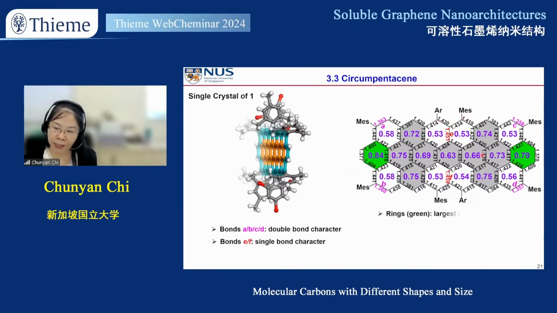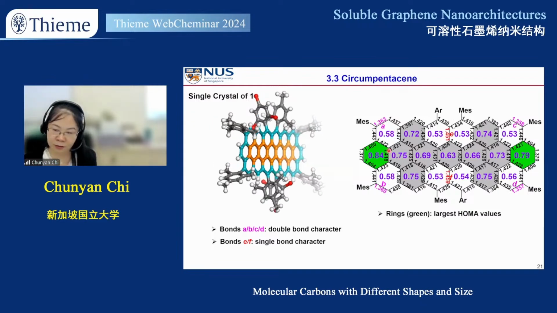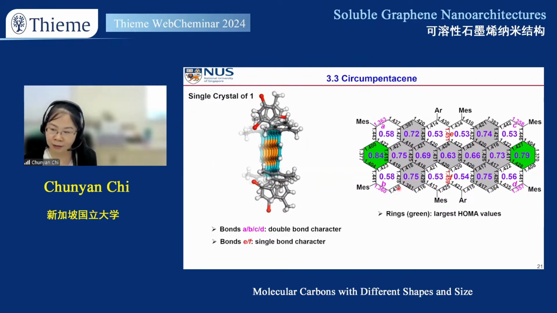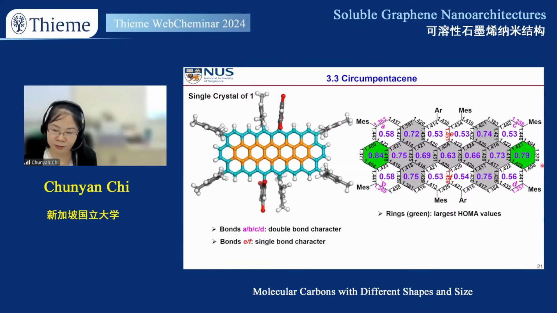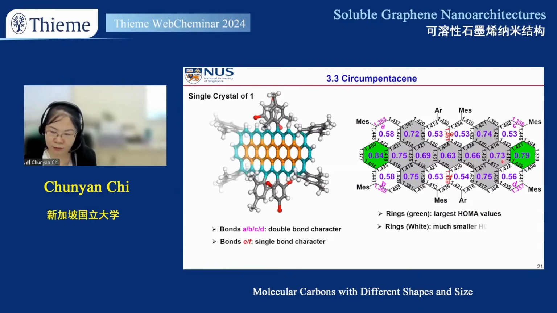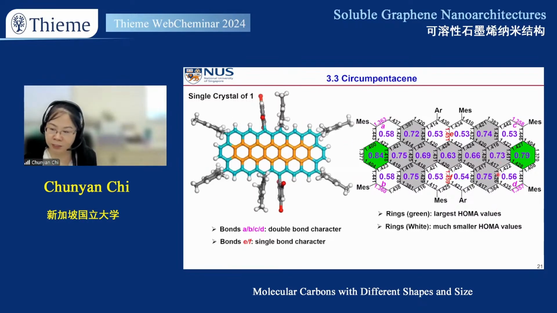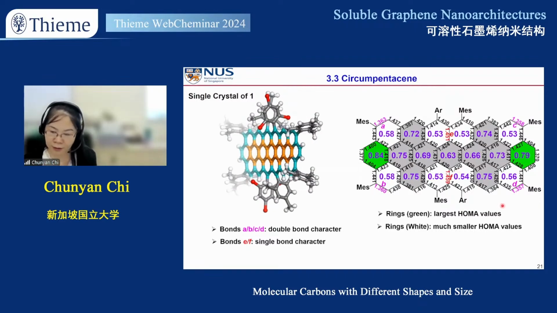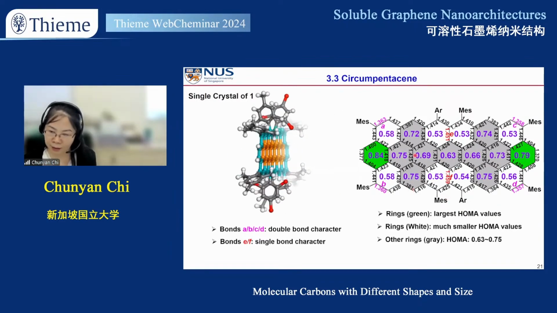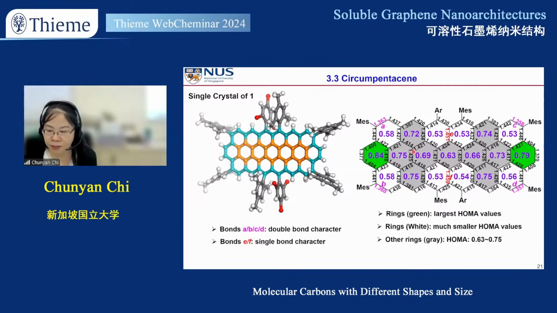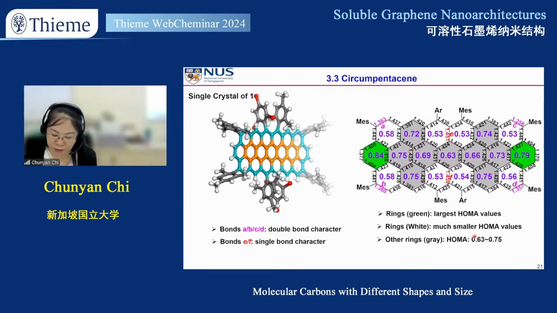And the HOMA values are listed in each ring. The rings highlighted in green color have the largest HOMA values. The rings in white color have much smaller HOMA values. And the other rings have HOMA values between 0.63 and 0.75.